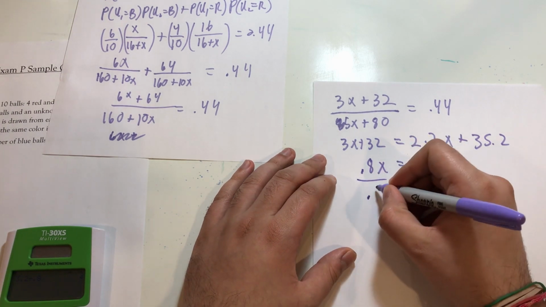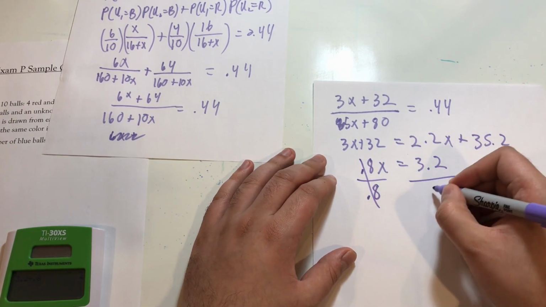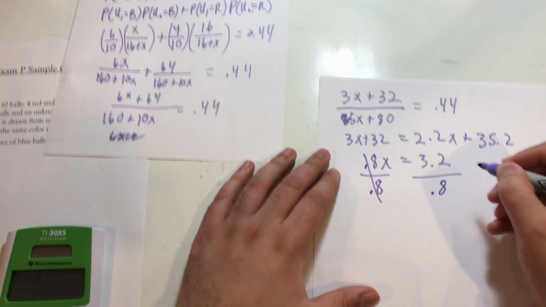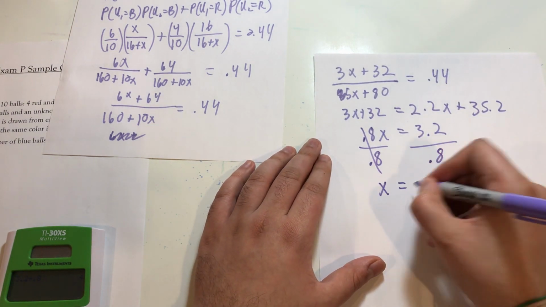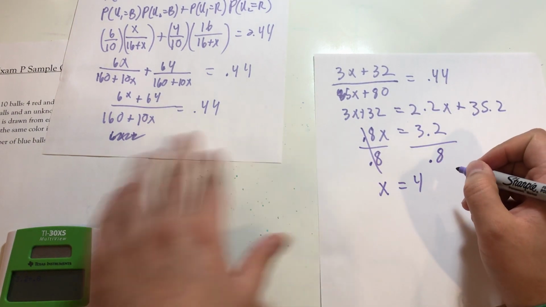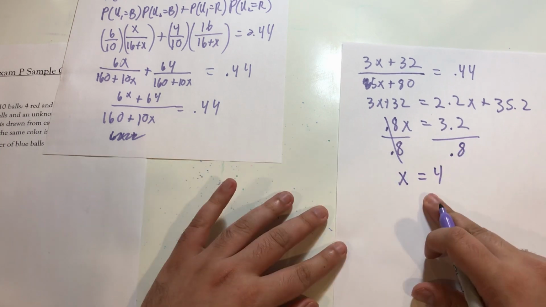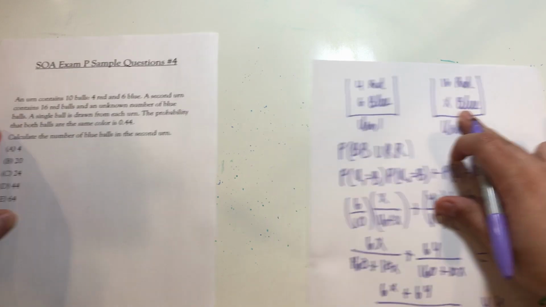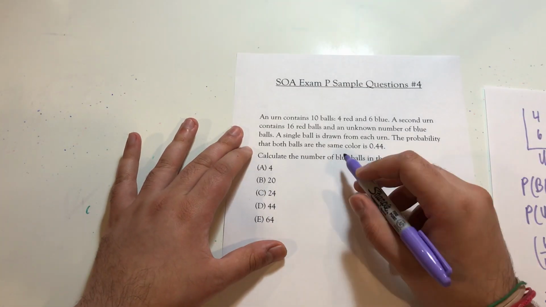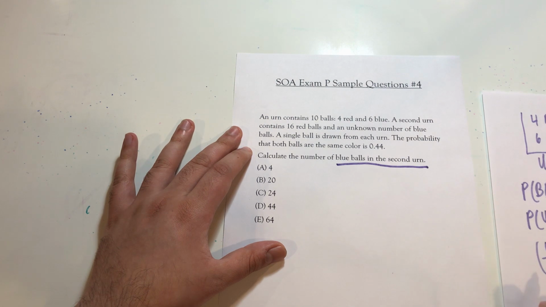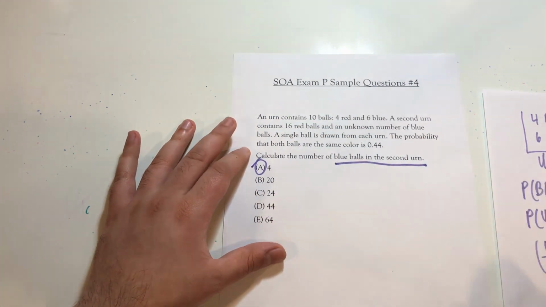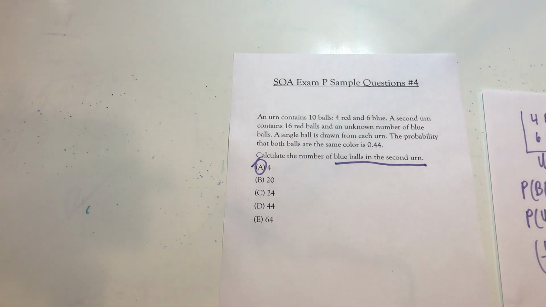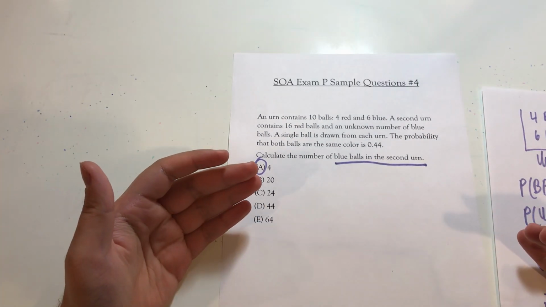Sweet, nice clean number that totally makes sense and is one of our answer choices. I was worried there towards the end. Yeah, 4. So we get x is equal to 4, which is the number of blue balls in urn 2, the exact thing we're looking for. So we're left with answer choice A.